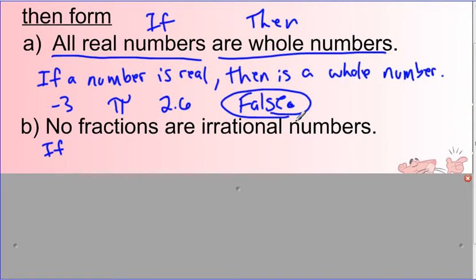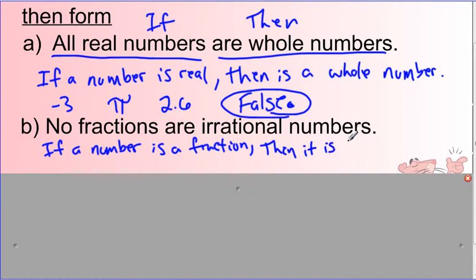Okay, so if a number is a fraction, so no fractions are irrational numbers. So if a number is a fraction, it means it's not irrational. Then it is not irrational.